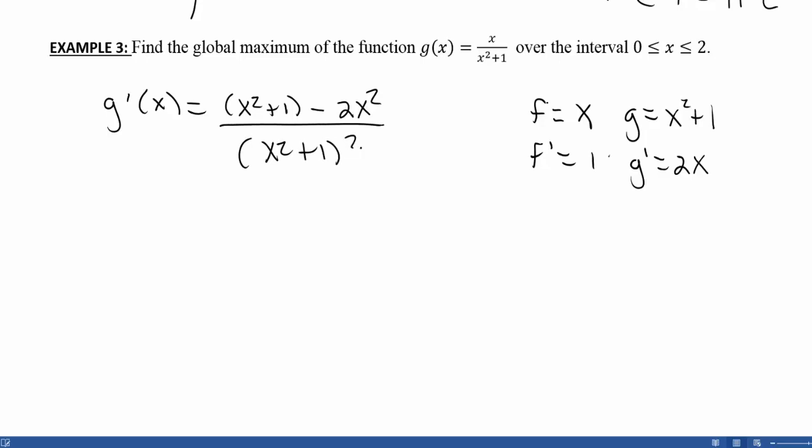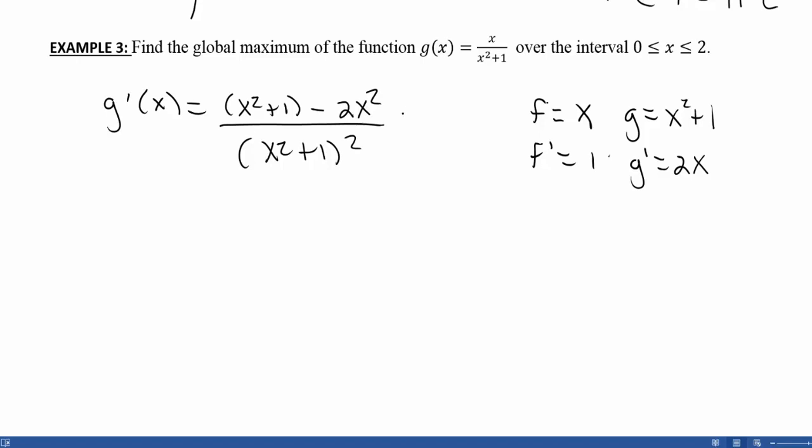So remember, critical points happen when your first derivative equals 0 or your first derivative is undefined. So we can consider where this equals 0 by considering where the numerator equals 0, and we can figure out where it's undefined if the denominator equals 0.